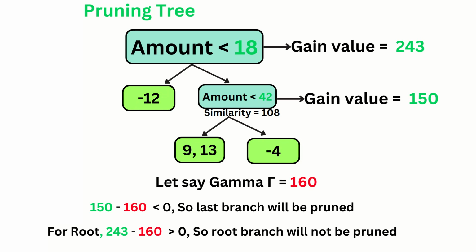Now we will calculate the difference between the gain value at each node and gamma. For the lower branch, the difference is a negative value, so this branch will be removed. For the root, the difference is a positive value, so the root will not be removed.